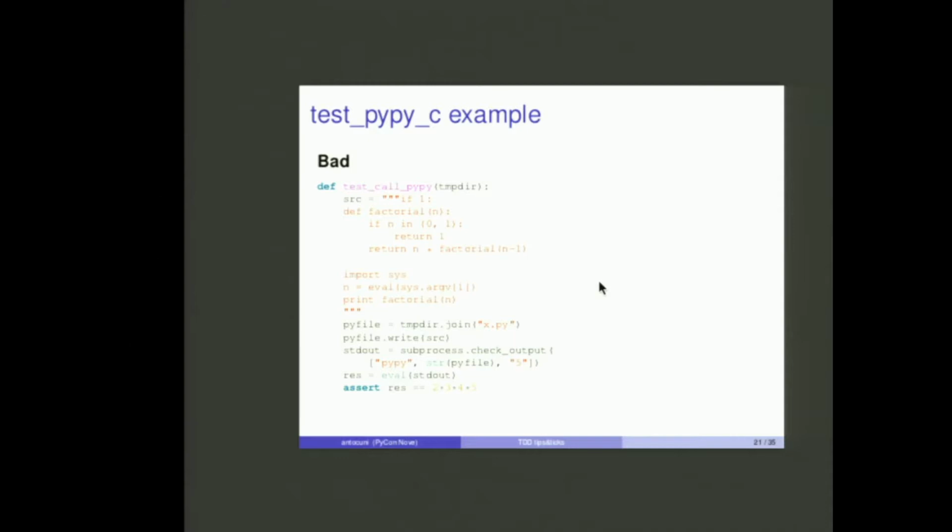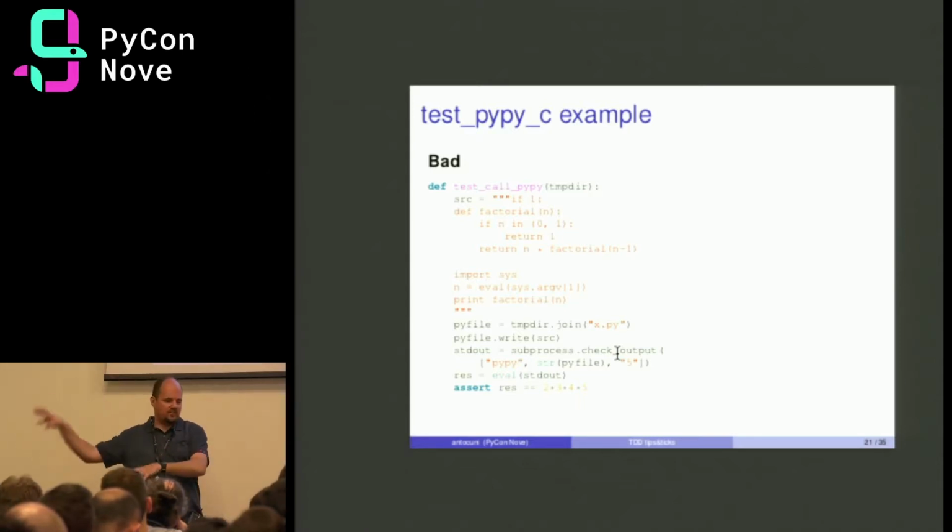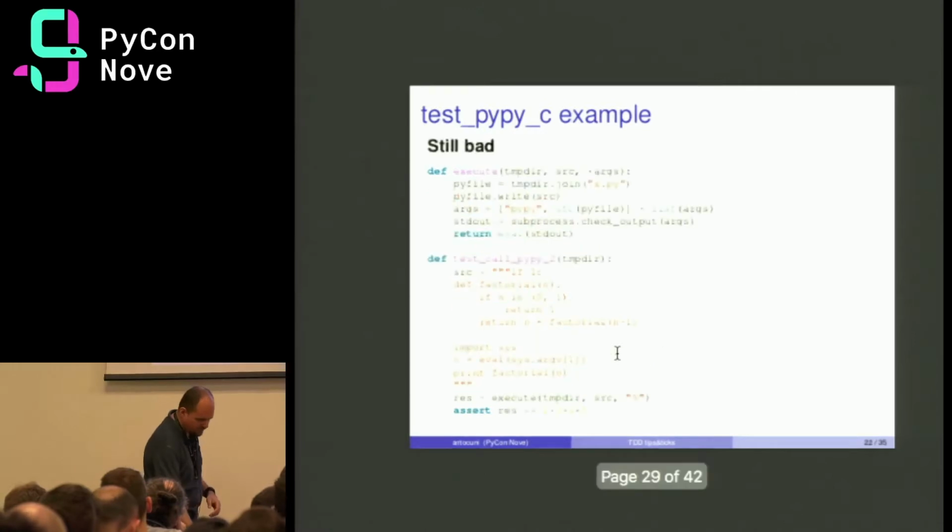And then I convert the standard output from string back to integers again, and I check that the result is what I expect. This is very bad because I have a lot of logic in this test, and it's not immediate to understand what I'm testing. What I want to check is that PyPy computes the factorial correctly, not that I have a subprocess and the subprocess returns 0 and whatever.